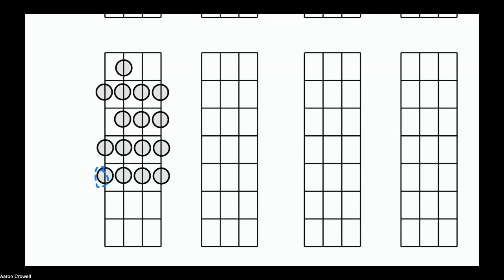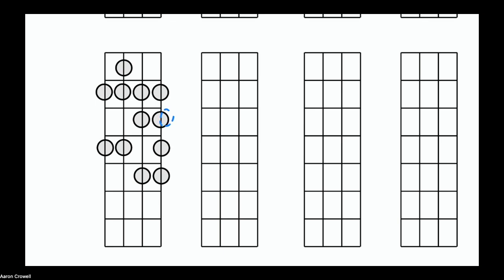Now I'm going to get rid of this. Get rid of this. Get rid of this. Same way we did the last one, right? We're getting rid of those notes that aren't part of the scale. Get rid of this.